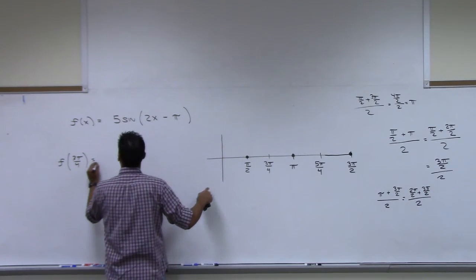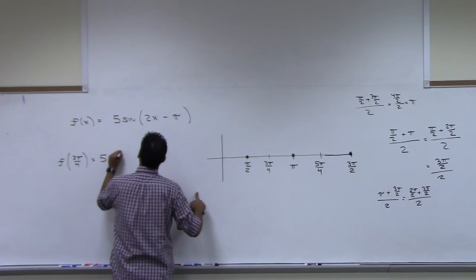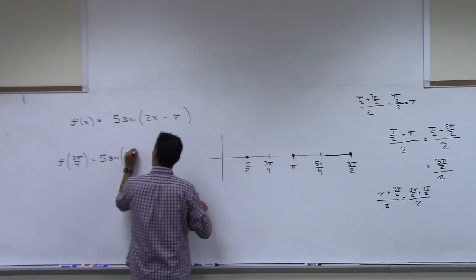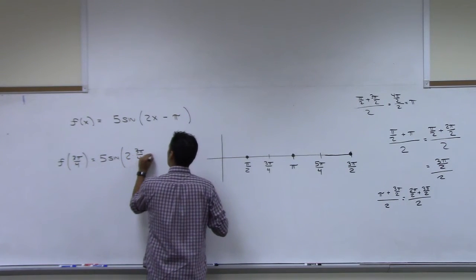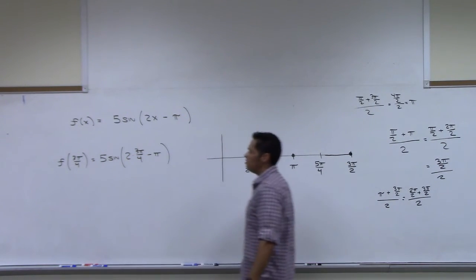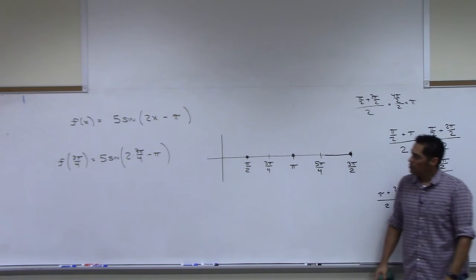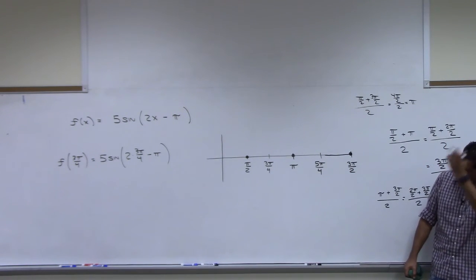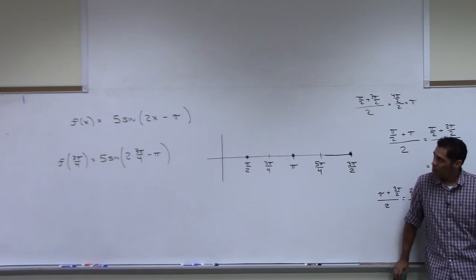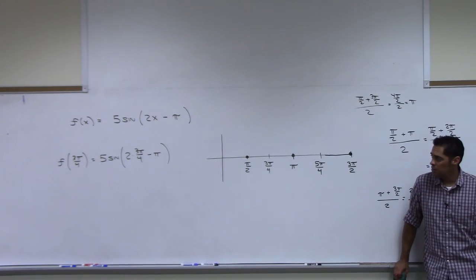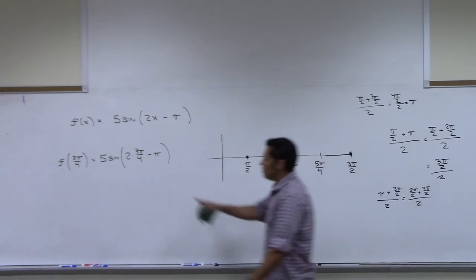Plugging that in, 5 sine of 2 times 3 pi over 4 minus pi, right? That's all I'm doing. Now what's 2 times 3 pi over 4? 6 pi over 4, which is 3 pi over 2.